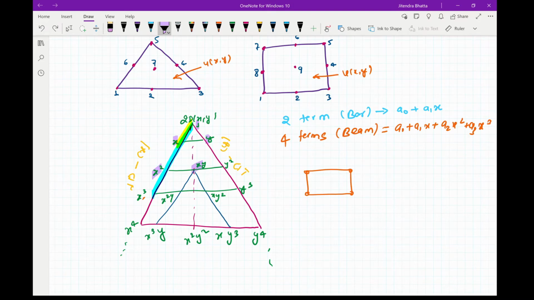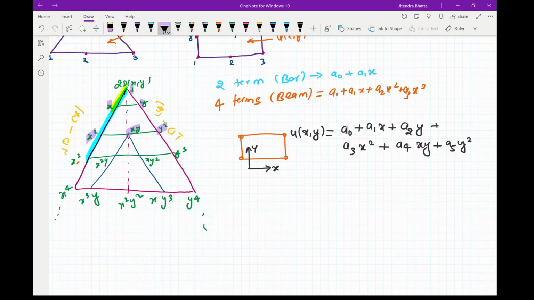But if you look at this one, if you add this up, then you'll have 1, 2, 3, 4, 5, 6 terms. Let's take that one out. So you'll see that your displacement as a function of x and y, so you have 6 unknowns. So you need 6 boundary conditions or 6 nodes to solve them.